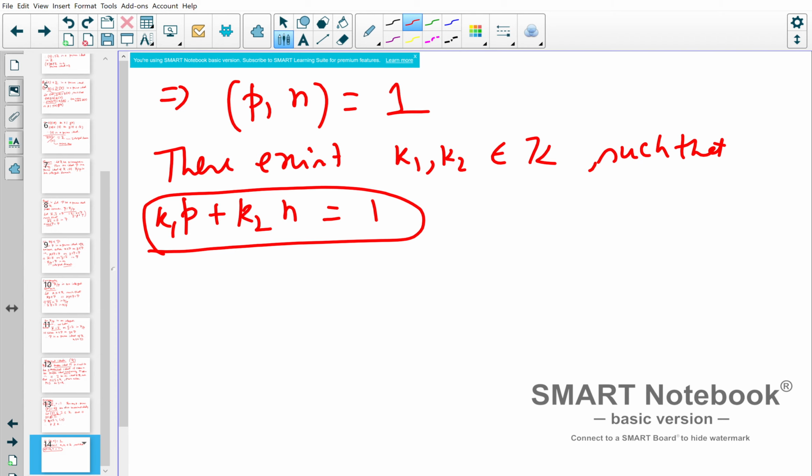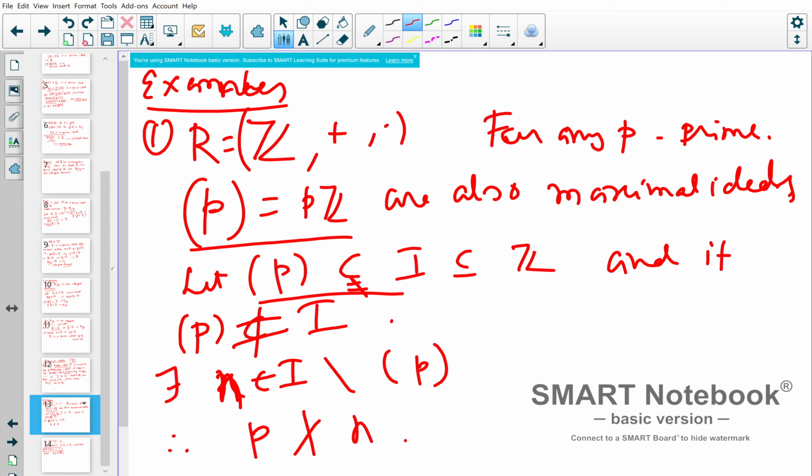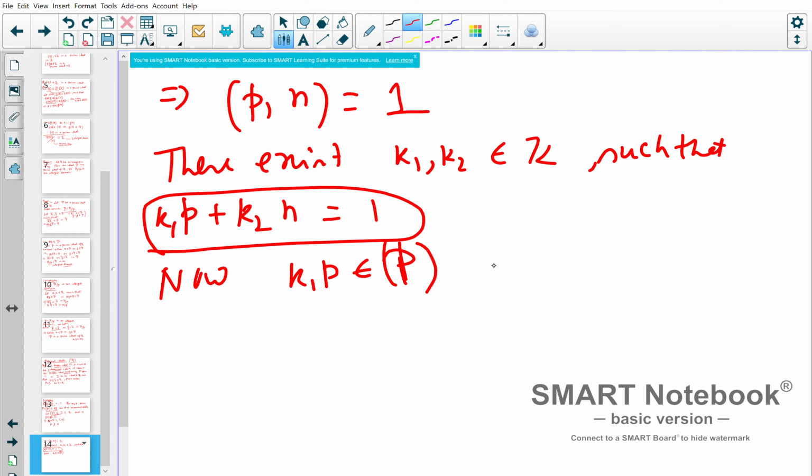Now I will show that this is an element of I. Why? Now k1p is an element of P, obviously. Here P is my capital P. And n is an element of I, and hence k2n is an element of I, right? And also P is inside I.